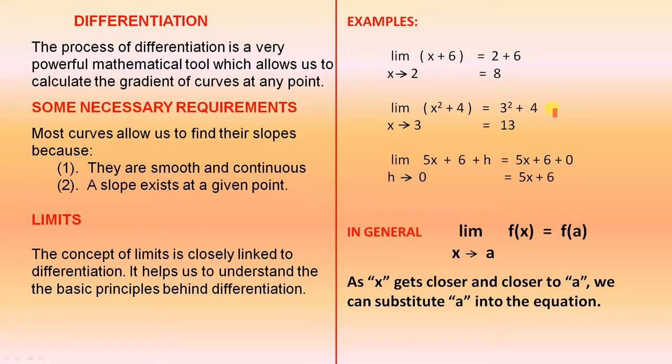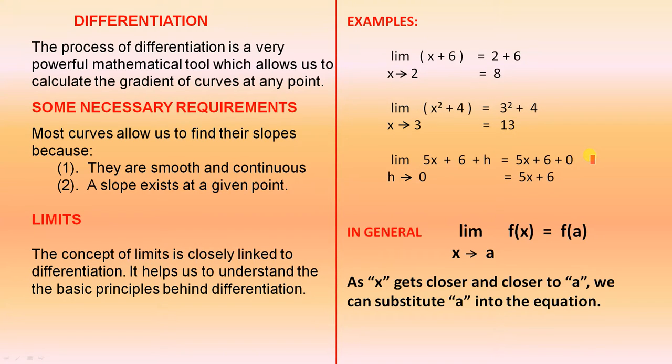The limit of x squared plus 4 as x approaches 3. Now, as x approaches 3, we can substitute 3 into this expression. So that's 3 squared plus 4, which is 13. So the limit of x squared plus 4 as x approaches 3 is 13.